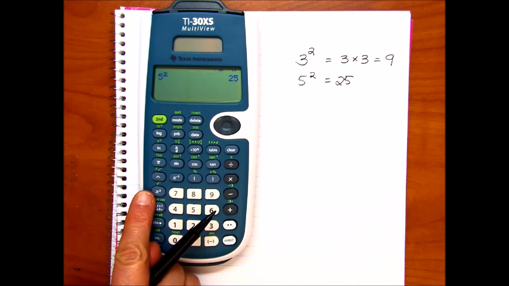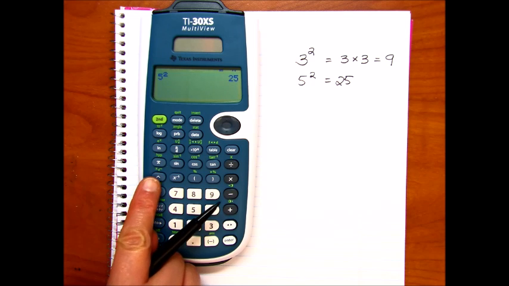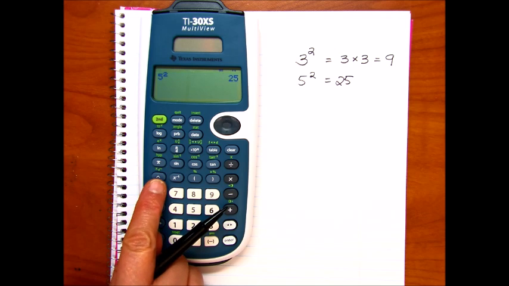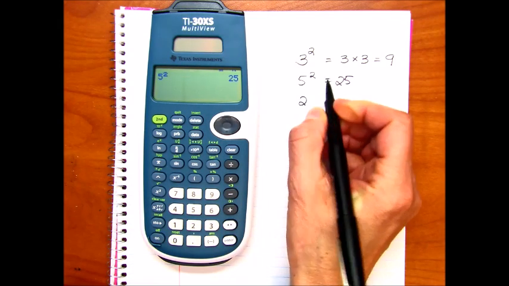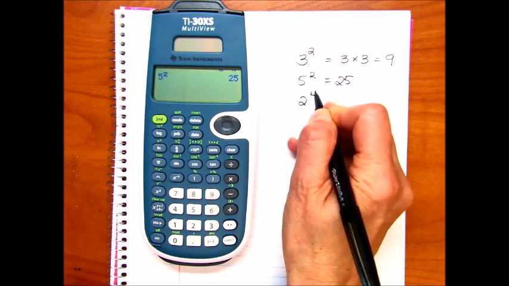If we want to use an exponent that's something different than 2, we're going to use the button above the X2 button, right here. It looks like an arrow pointing up. We call that the caret, and you might think of it as "raising to the power of." So let's say we have 2 and our exponent is going to be 4.